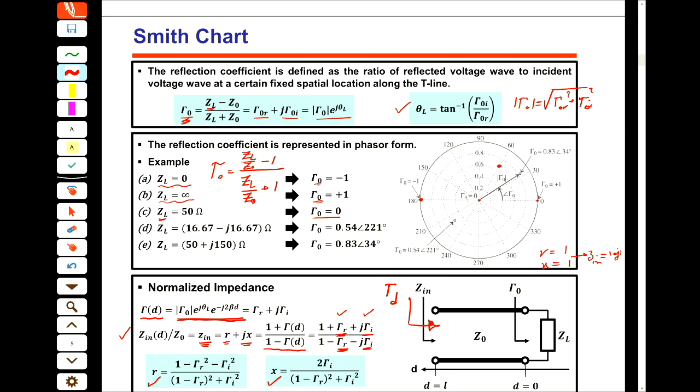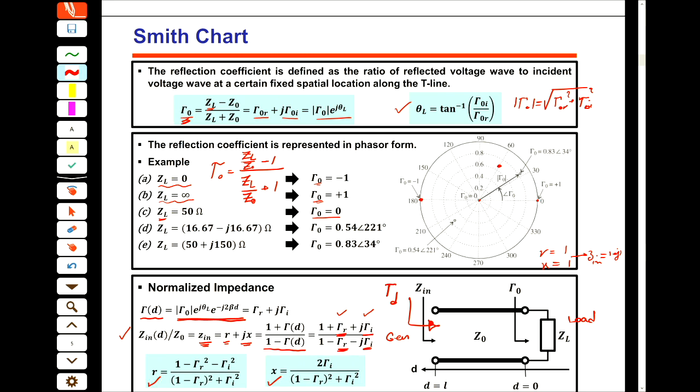Towards the generator, because the generator is here and the load is here. So if we have the gamma and we want to find the gamma at the end of this transmission line, whose length is d, then we just need to rotate.